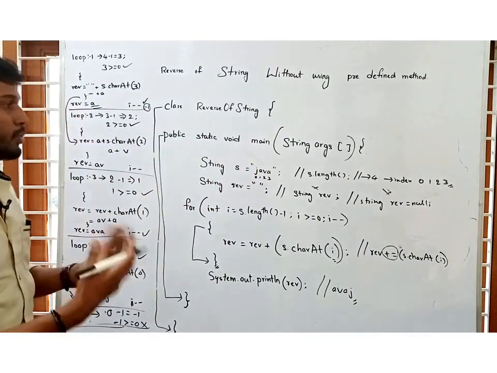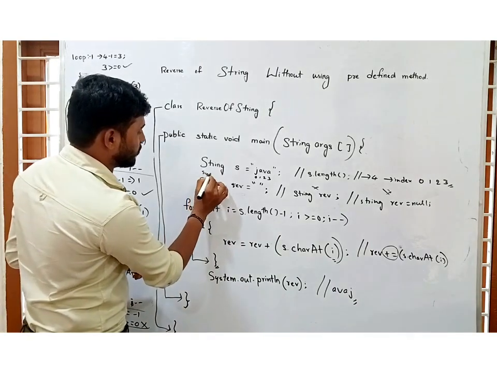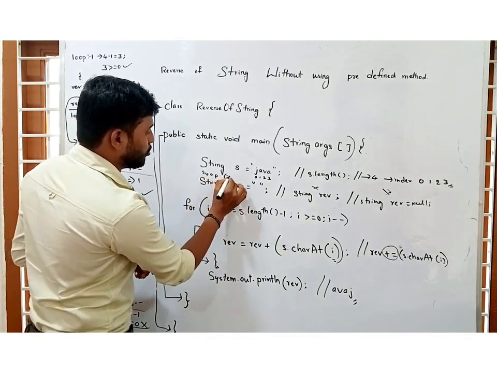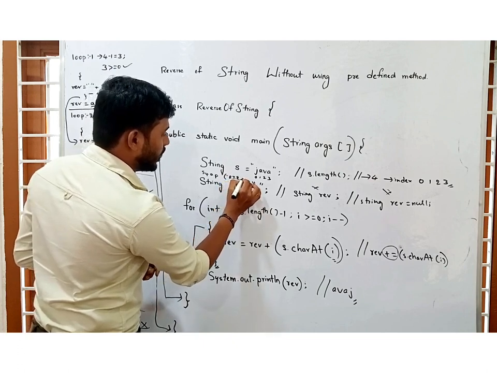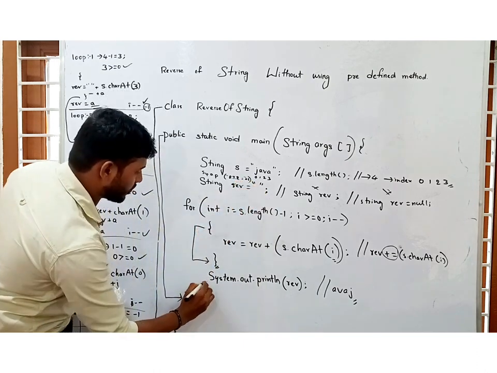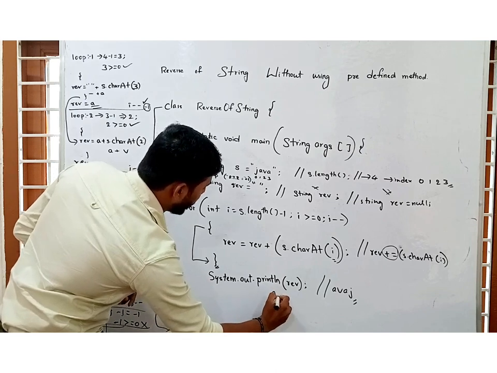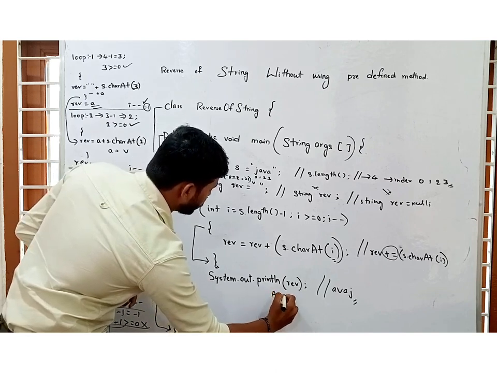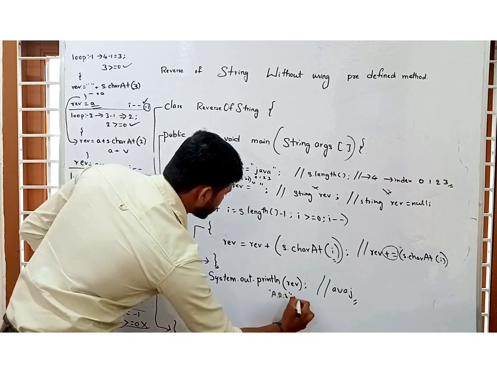If we need some more perfect execution, we need to go through that. Here we also need to write system.out.println before the reverse equal to, and after completion of this, in the system.out.println after the reverse of string plus reverse.